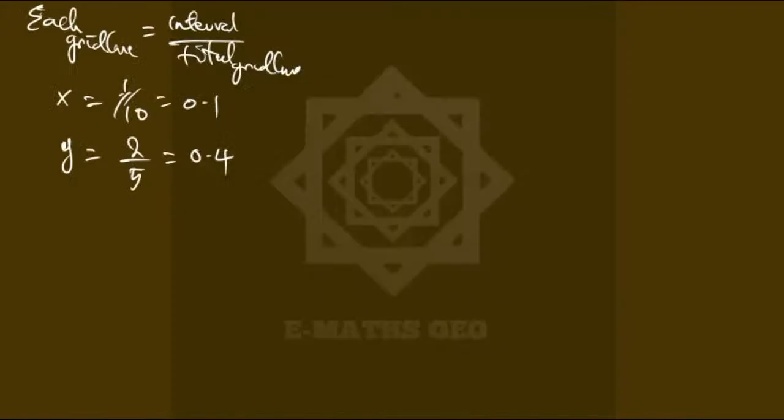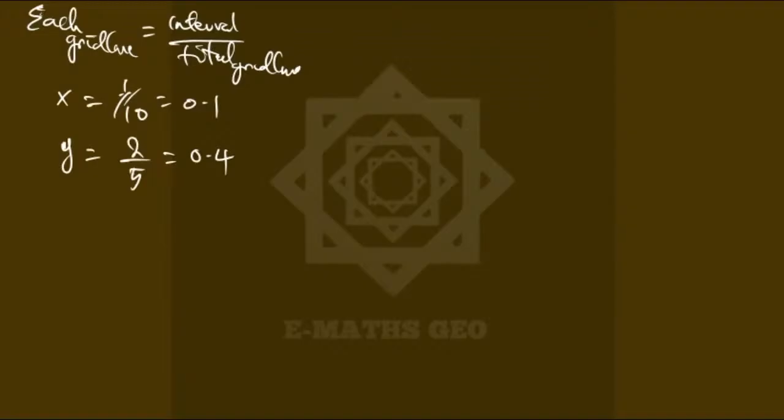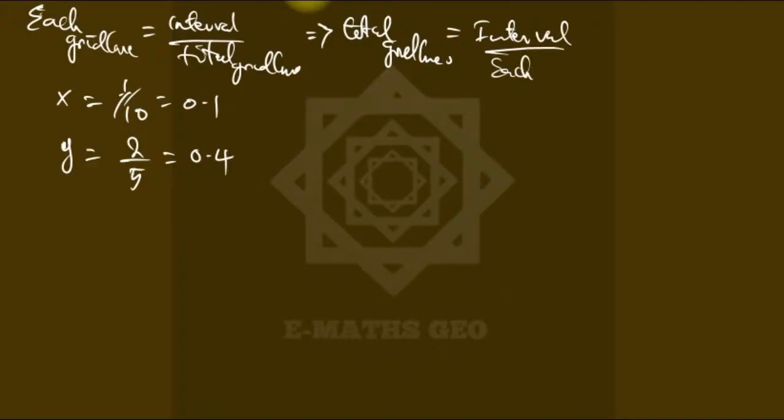Now, since we are looking for minus 7.5, because minus 4 for x is already set, you can see it on the graph. We want to get the total grid lines that will give us that. The total grid lines is the interval over each grid line.